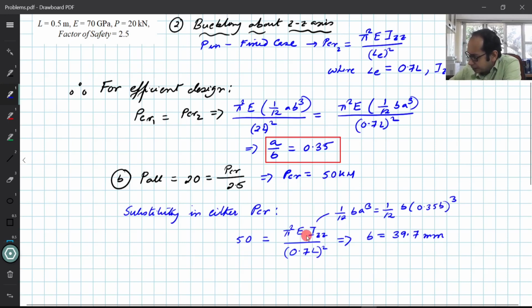So this entire thing is in terms of B, and here your L is 0.5 meter. So if you substitute this whole thing, it will be in terms of B. You take the fourth root of that answer and you will get B equals 39.7 mm, and correspondingly we know that the ratio of A to B is 0.35. So the value of A comes out as 0.35 B, which is 13.9 mm.